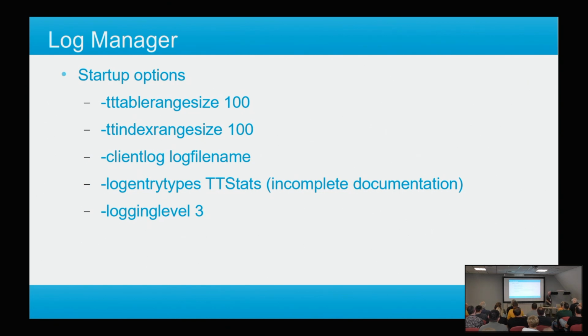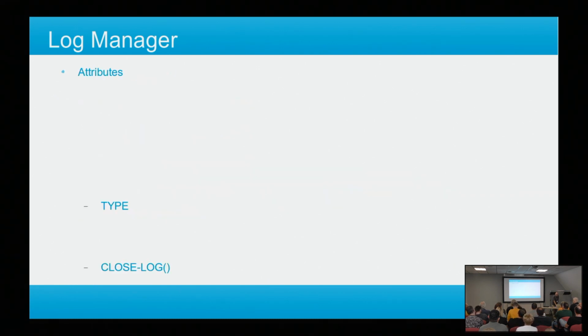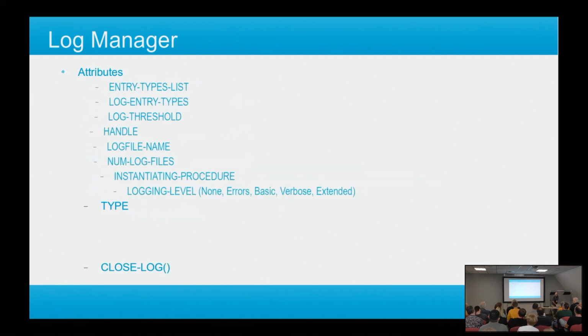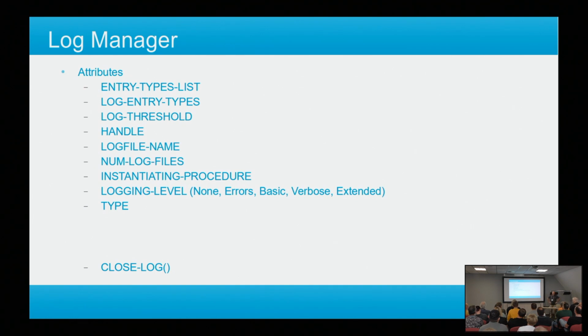The log manager class itself has some properties and methods you can use. So you can switch between log files. You can say how many log files you have, how big your log files should be.